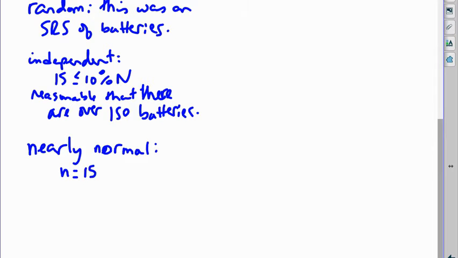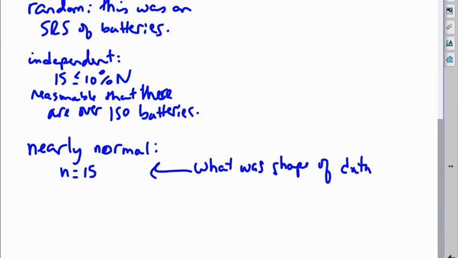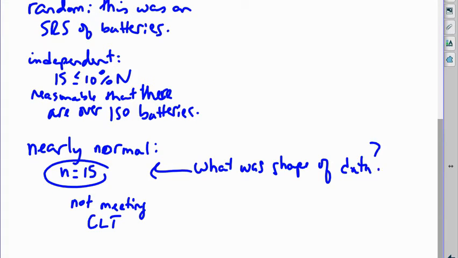So we actually would need information about the shape of the data, because even though this is robust, this is not meeting CLT. Now, if it was already nearly normal, we'd be okay, but since they don't have information about that, we would need to know. And we also would need to know if there were no outliers.